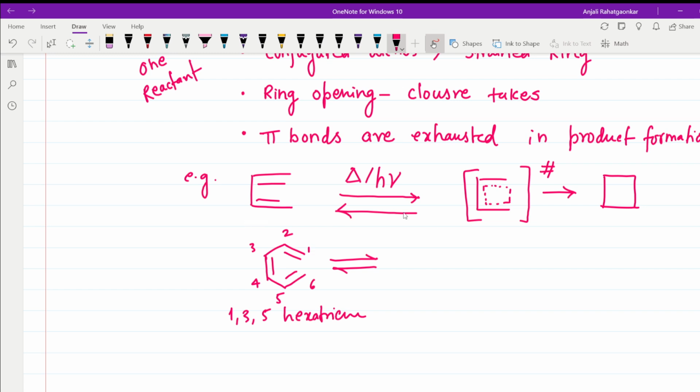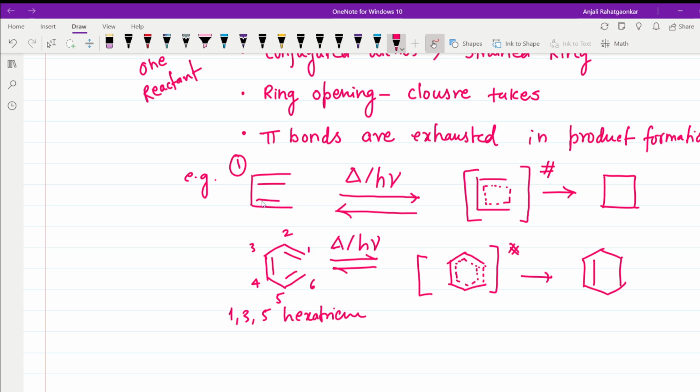This is 1,3-butadiene. Alright, so here h nu, and a 6-membered ring is going to form. So here the double dagger, and here the 6-membered ring.